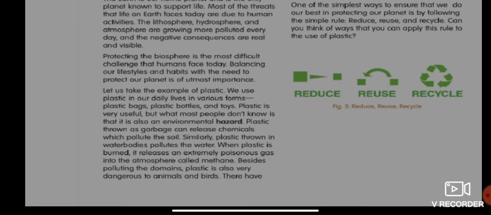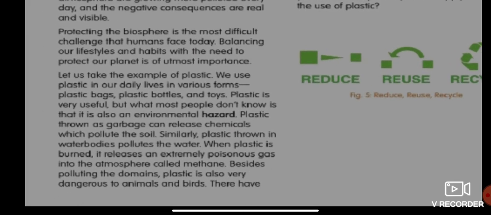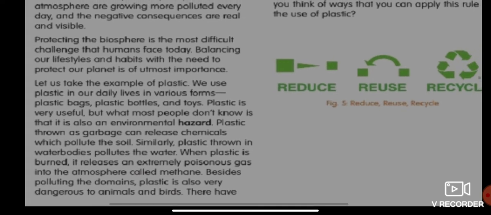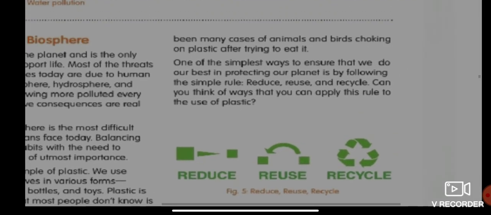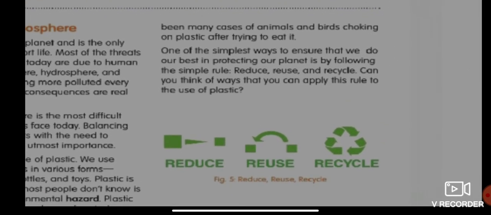Similarly, plastic thrown in water pollutes the water. When plastic is burned, it releases an extremely poisonous gas into the atmosphere. Besides polluting the domains, plastic is also very dangerous to animals and birds. There have been many cases of animals and birds choking on plastic after trying to eat it.